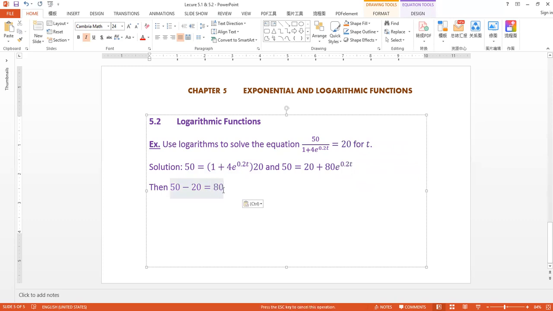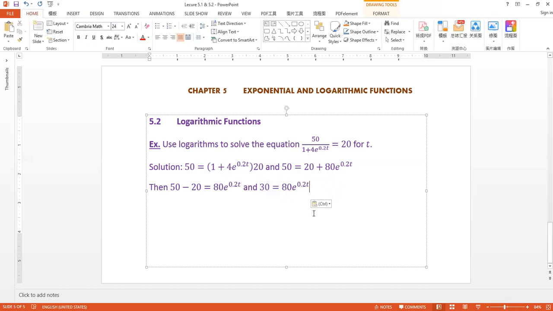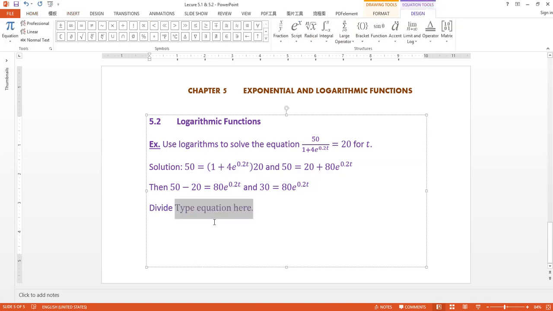So we got 50 minus 20 equals 80 times e to the 0.2t, but 50 minus 20 is just 30. So we got 30 equals 80 times e to the 0.2t. All right. And then the next thing is to divide 80 on both sides of the equation.